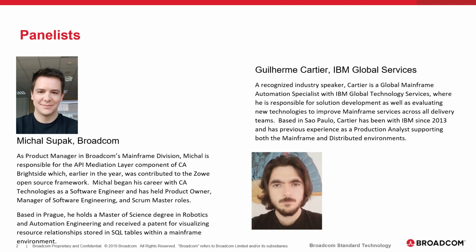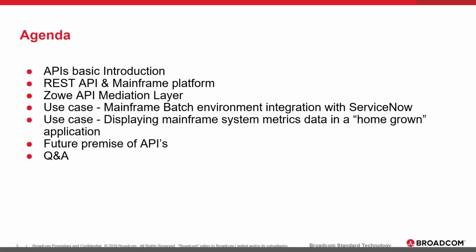All right, so we can go ahead with the agenda. Yes, so the agenda: we're going to start with setting the stage of the APIs, with a basic introduction. Then we're going to continue with REST API and what it means essentially for the mainframe platform. Then I'm going to present something about the Zowe Mediation Layer.